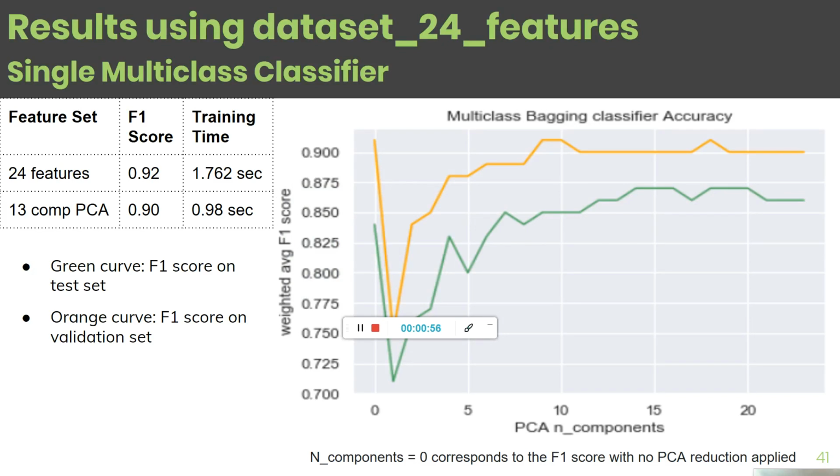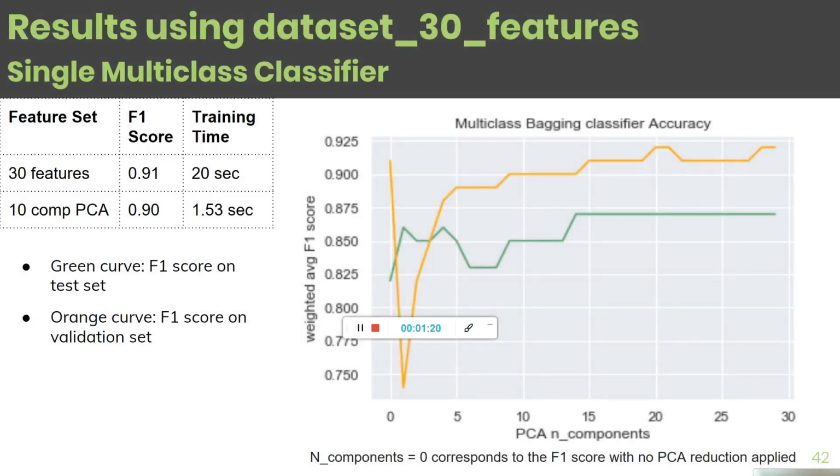However, the training time was significantly reduced when the 13 component PCA representation was used, and that shows you that feature reduction techniques do improve a model's overall performance by decreasing the training time without compromising the accuracy.